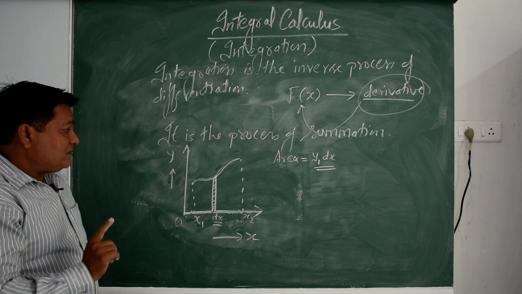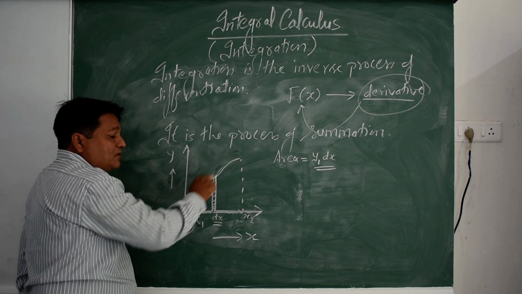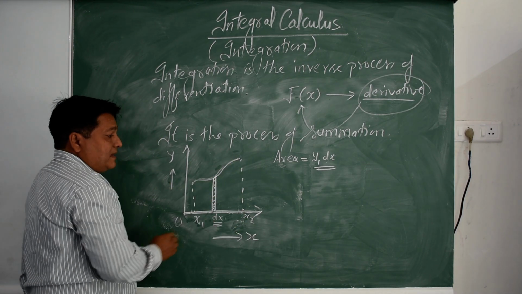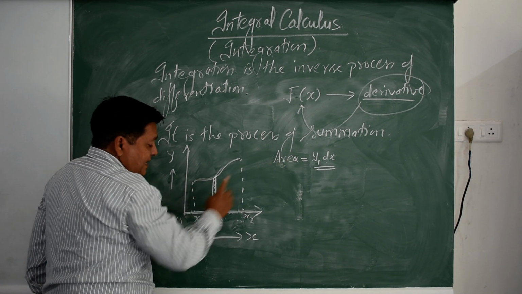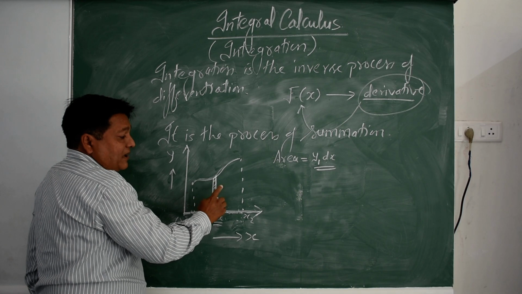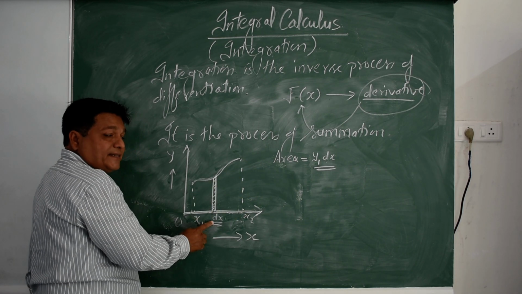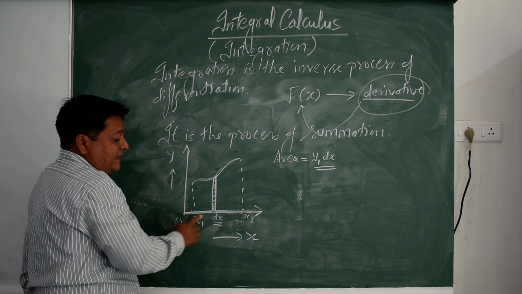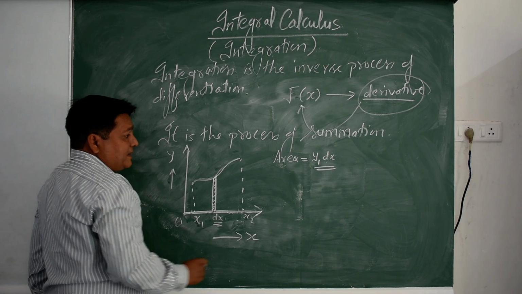But if we are asked to determine the complete area under this graph, then we have to add the areas y1, y2, y3, y4 up to yn into dx, because dx is common, equal parts. So we can get the area of the complete graph.